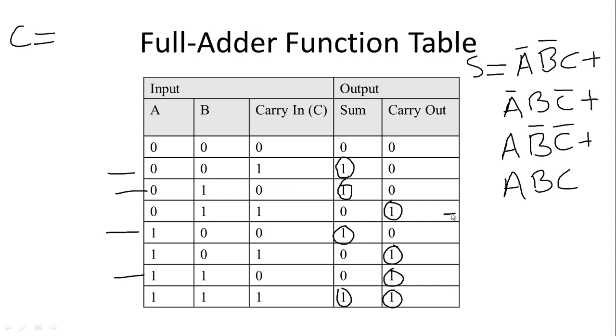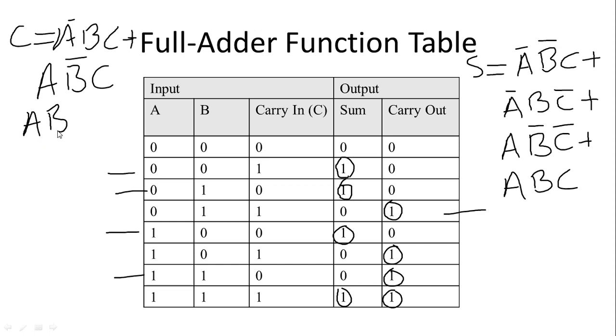For the first one, there is 0 1 1, so that means A complement, B and C, plus 1 0 1, A, B complement, C. Next is 1 1 0, A, B, C complement, and the last one is 1 1 1, meaning A, B and C.